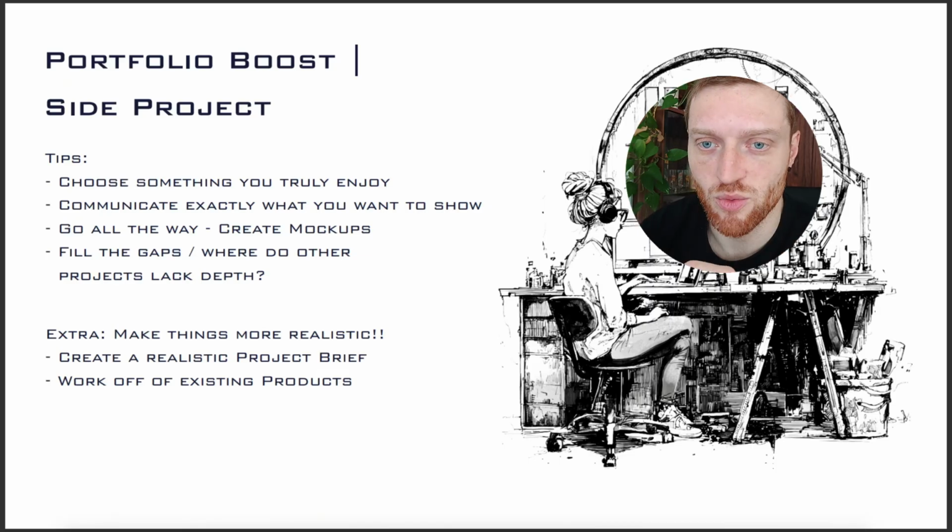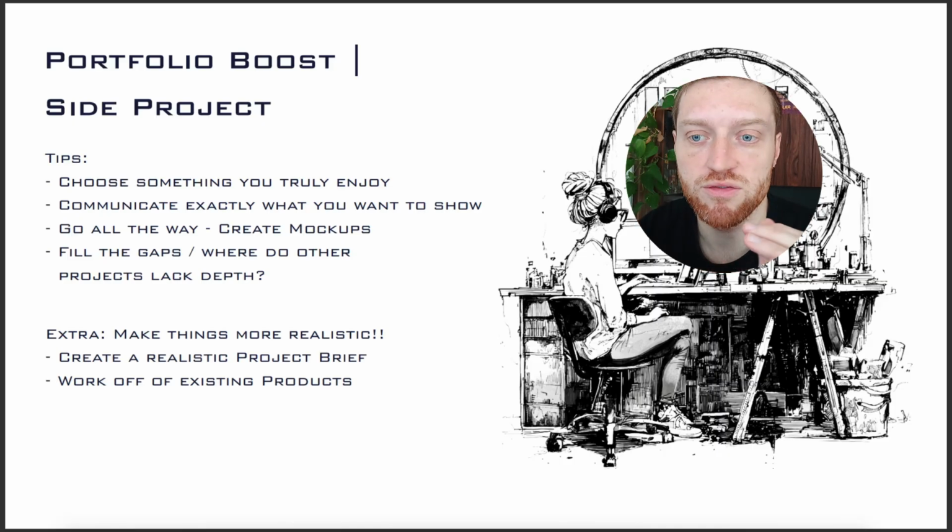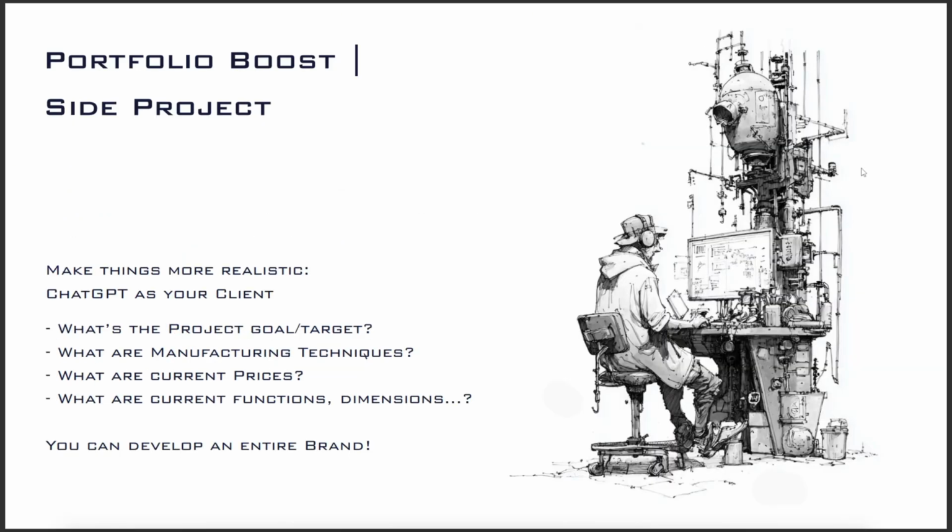The extra tips that I want to state are: create a realistic project brief and work off of existing products. Make things more realistic. I said that you have full creative freedom with the side project. There are no restrictions. And that's also the danger, that we just create something that is fictional. So in order to avoid that, we can now use ChatGPT and ask it to frame a design brief for us that is realistic, that is convincing, that gives us certain constraints that we have to consider during the design process.